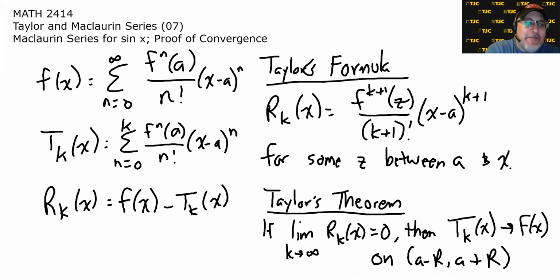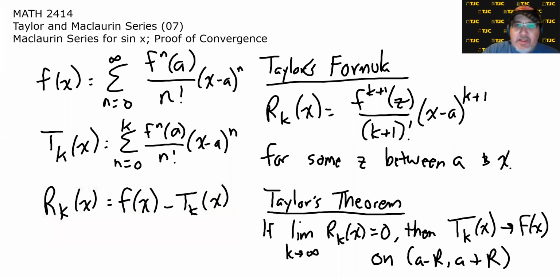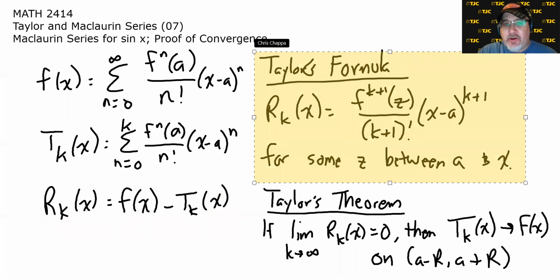And then below that is the definition of the kth remainder, where we take the function and subtract the kth Taylor polynomial. Basically, it's the tail end of the Taylor series, so to speak. Taylor's formula says that the remainder is equal to a certain expression.